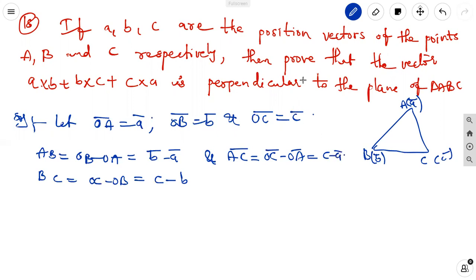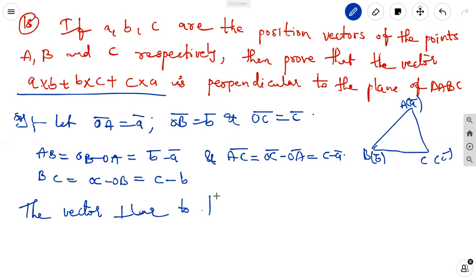Here we can prove that vector A cross B plus B cross C plus C cross A is perpendicular to the plane of triangle ABC. That is nothing but the vector perpendicular to the plane of triangle ABC is AB cross AC.